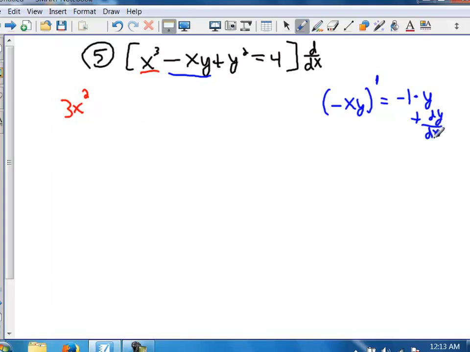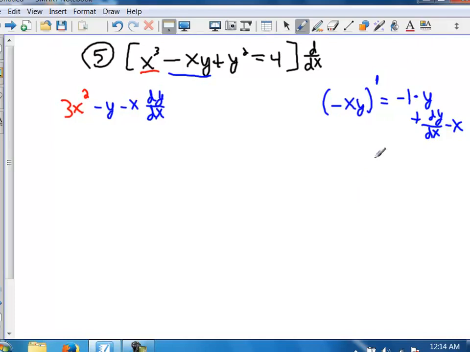Because the variables didn't match, we had to use dy/dx. So I'm just going to simplify that. That's negative y minus x dy/dx. Basically just a simplification there.